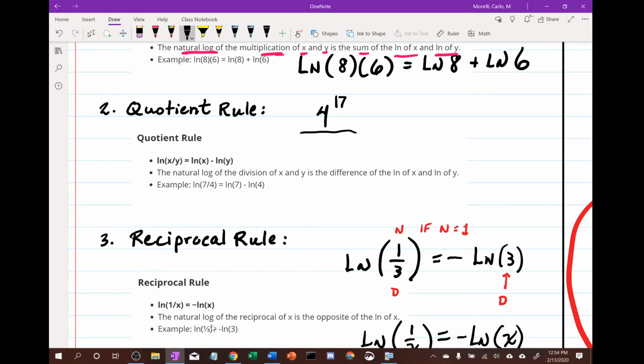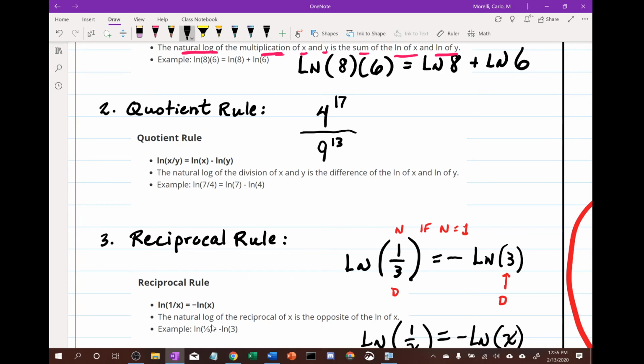Can you please give me a number between 1 and 10? 9. And finally, let's go with Emily. Can you please give me a number between 10 and 15? 13.